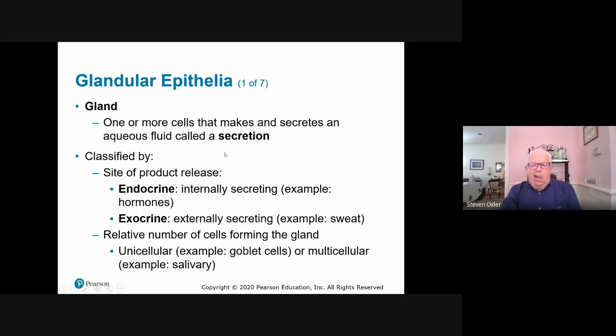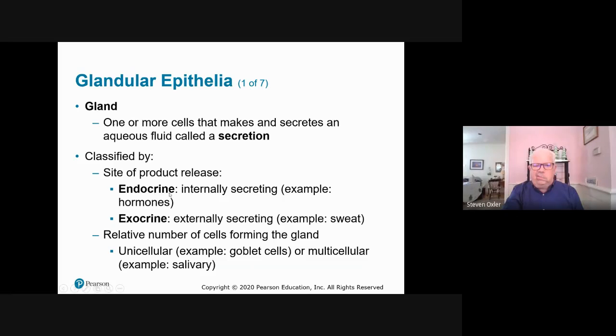Glands. There's a big difference between endocrine and exocrine glands. Endocrine glands secrete their product into the bloodstream directly. Exocrine glands secrete their product into ducts. So endocrine has no ducts, exocrine has ducts.